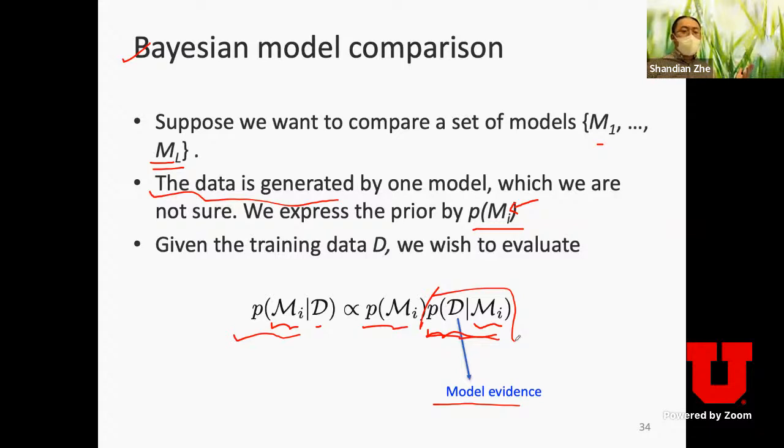So we can view it like this: the larger the probability, the stronger the evidence that this data is indeed generated by the model. If it is very small, you can say the evidence is quite weak.